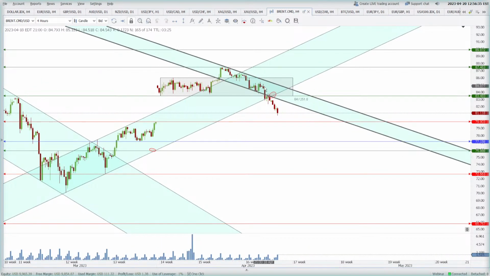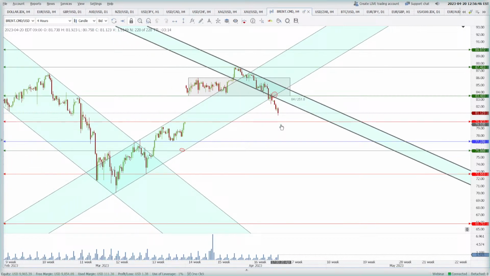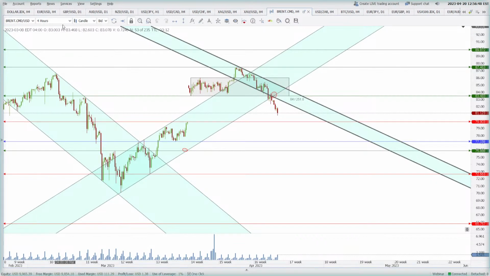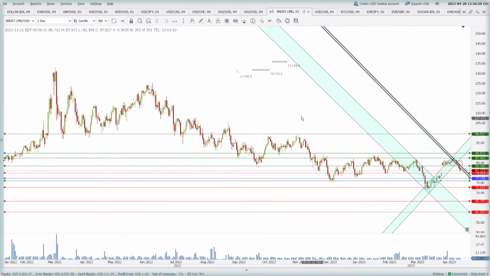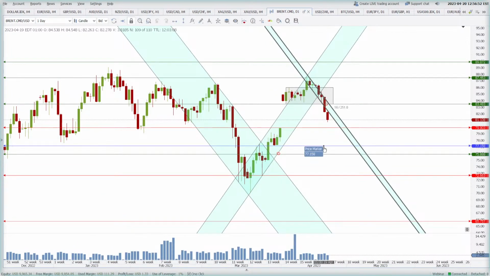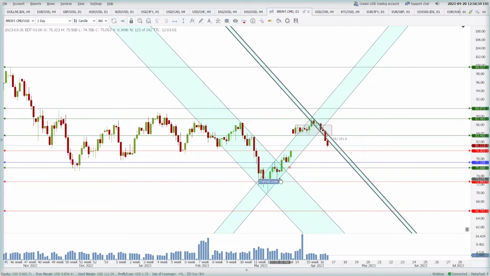Slowly and steadily it is coming towards 79.90, where you can expect buyers. This is the 4-hourly, but on the daily you will find that there is nothing like this. The price has come down to almost 79.90. From here you can expect some buying.